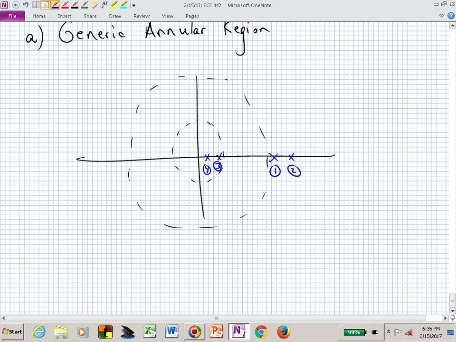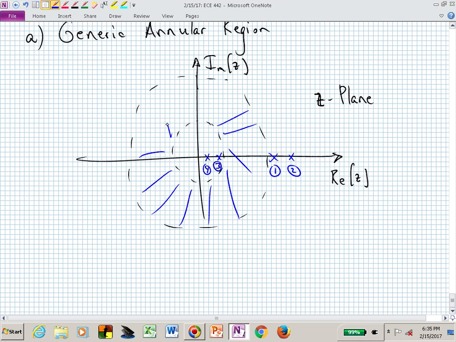This is the z-plane. There's the real z and the imaginary z. And, oh, I didn't sketch the region of convergence. Let's make it annular. Meaning I don't just have to have two poles.